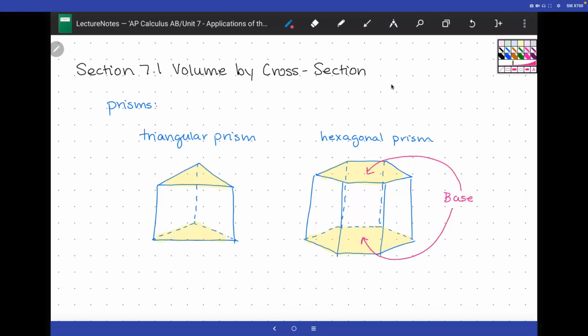But I could also take these prisms and turn them on their side, and then the bases are on the sides. So that's why we define them differently. And again, over here on the triangular prism, it's the top and the bottom that are the bases. And then the distance between the bases is called the height of the prism.